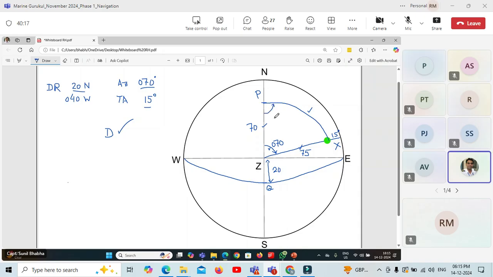The second thing you find using the cosine formula is this angle P. This angle P is the EHA, easterly hour angle. 360 minus this will give you the LHA. This is the LHA, beta. LHA is measured westerly, EHA is measured easterly. This is east, this is west. So you get the LHA of the star.